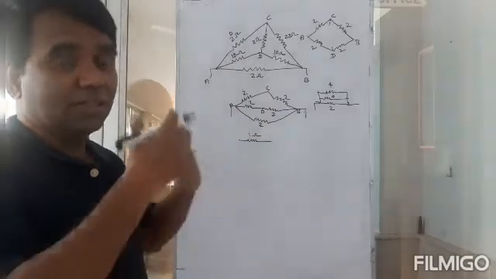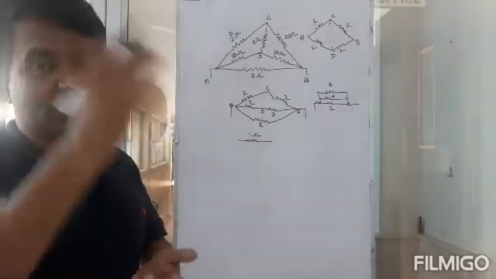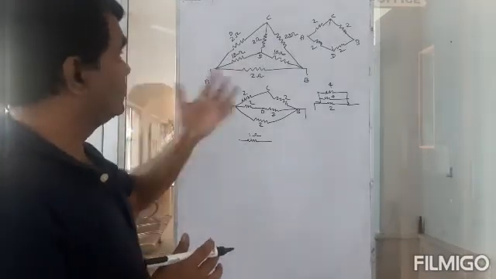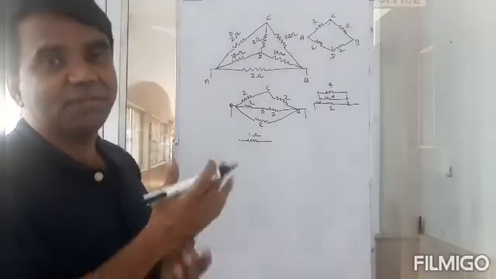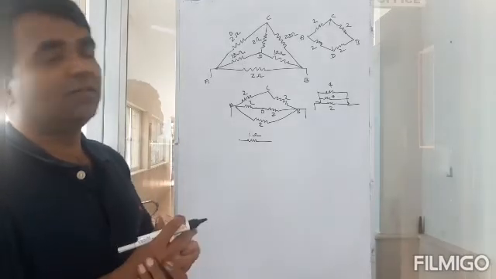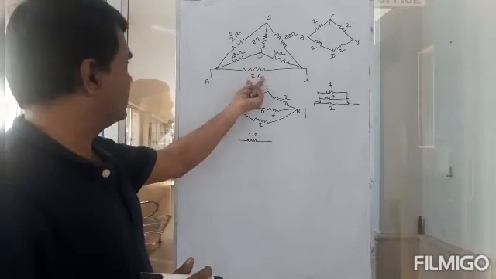So 40 and 20 will give you 800 by how much? 800 by 60. So 8 by 6. That would be the resistance of these two, and that in parallel with this 2.